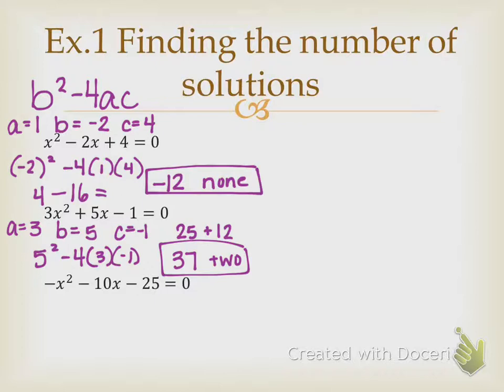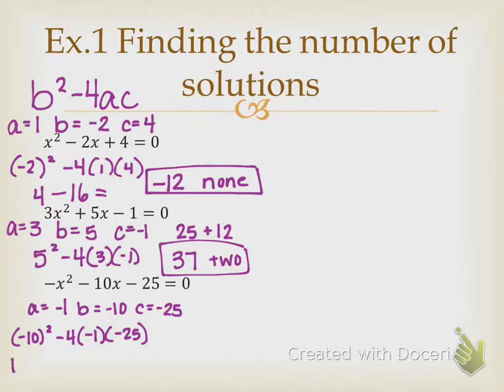Let's label A, B, and C. Dean, label them for me. A is -1, B is -10, C is -25. Very good. All right, Jensen, plug them into the formula for me. -10 squared minus 4 times -1 times -1. Very good. All right, Tristan, solve it out for me. 10 squared is 100.